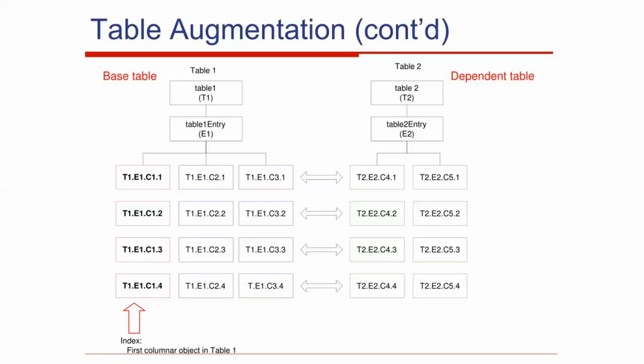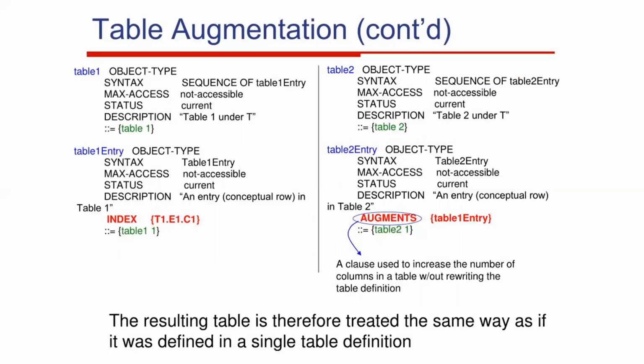Let us first consider the case of adding columnar objects to an existing table with the following two restrictions. First one, the number of conceptual rows is not affected by the addition, and second one, there is one-to-one correspondence between the rows of the two tables, and third, the index of the second table is the same as that of the first table, right?